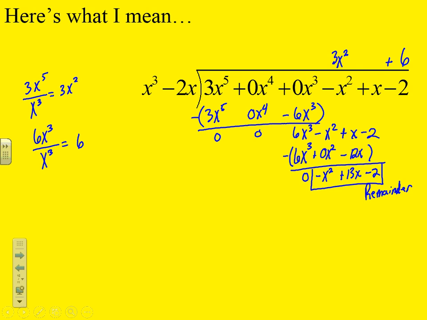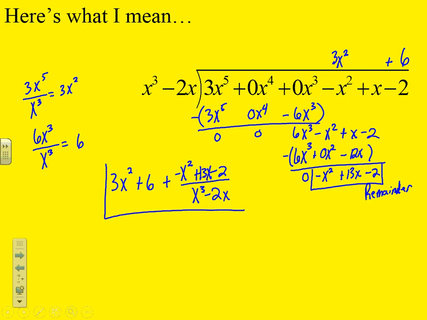So the final way that we will write the answer here is 3x squared plus 6, minus, or plus a negative, 13x minus 2 over x cubed minus 2x. And so this whole thing would be the final answer.